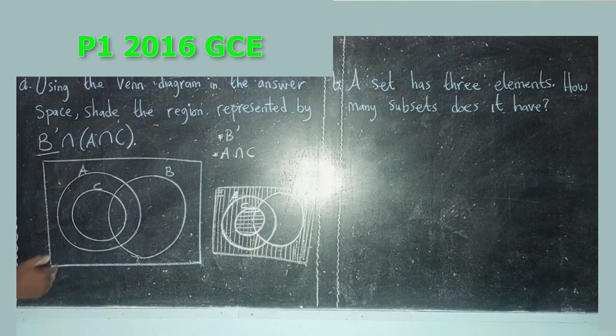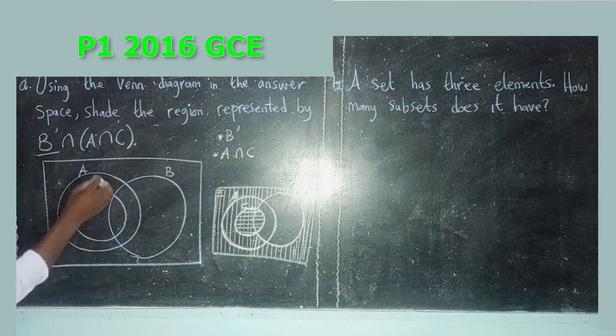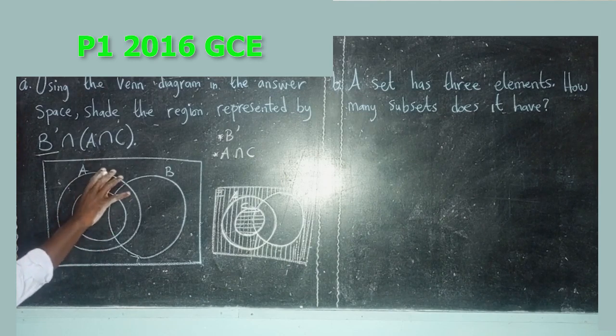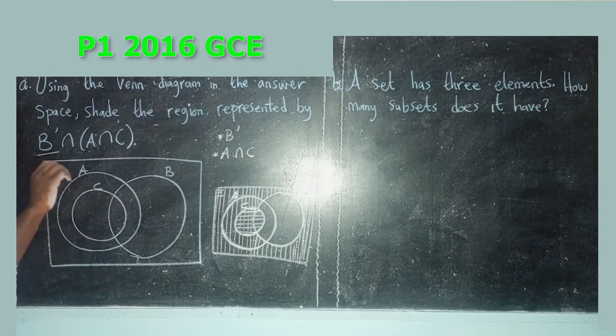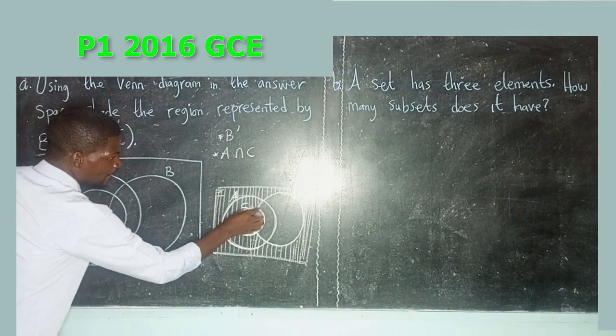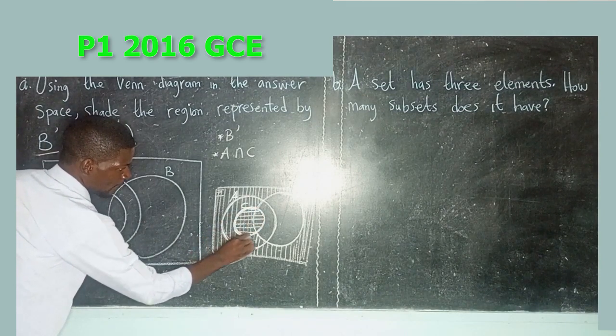It is where the vertical lines for B complement are meeting or coinciding with the lines for A intersection C, that is our area. And if we look at what we have shaded, there is only one area which has achieved that, right here. Just this small portion.